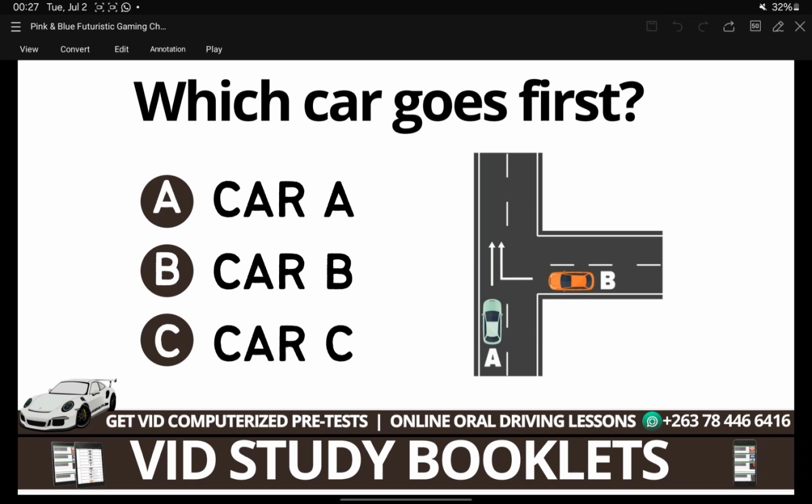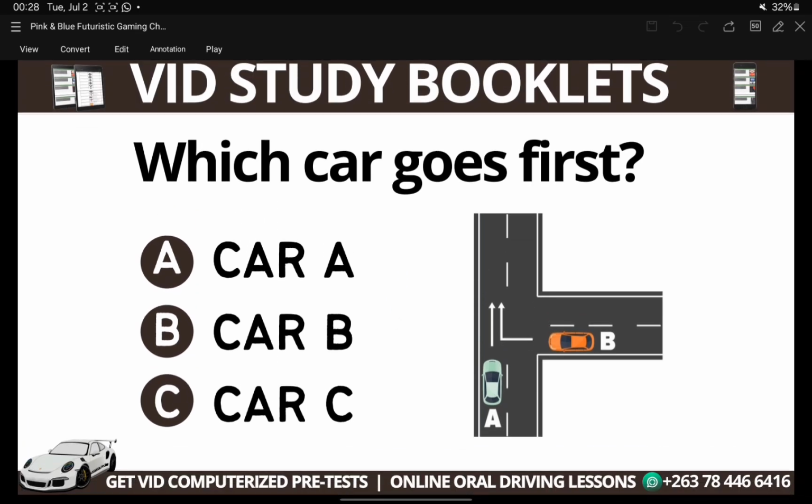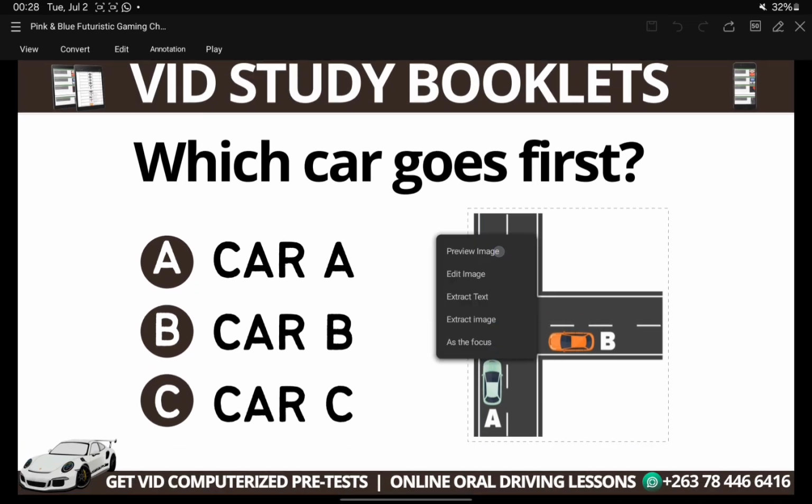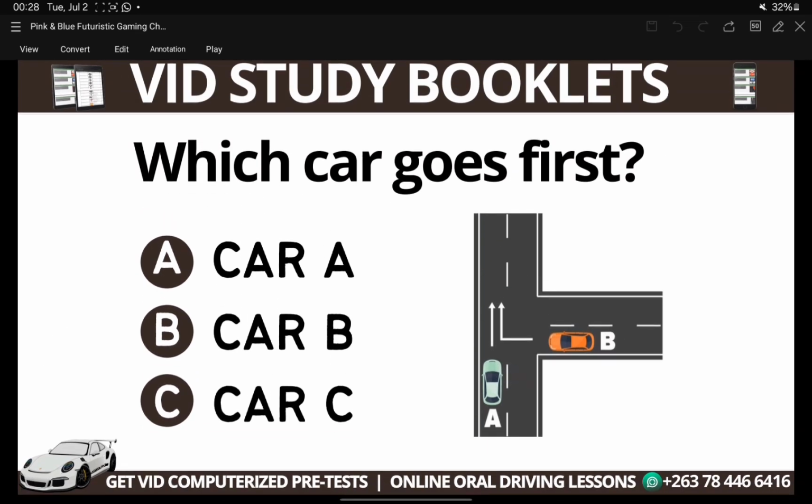Okay, so the first one says which car goes first. So looking for the car that goes first, right? We got two cars here. We got car A and car B. Looks simple enough, right? Okay. So there is an issue that most people think that A is in a main road. As you can see, A is going straight. So what most people would normally say is that A goes first, then B goes second.